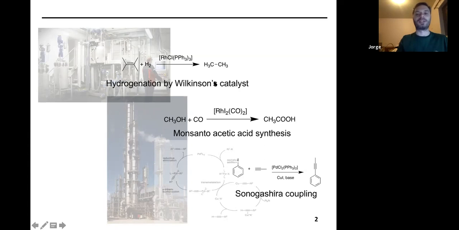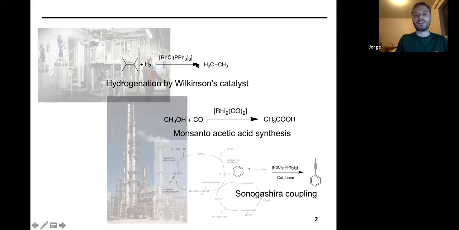As we can see here, we have examples for the hydrogenation using the Wilkinson's catalyst, the Monsanto acetic acid synthesis, and also, for example, here the Sonogashira coupling. And as you can see here, the catalysts are not that complicated compounds.